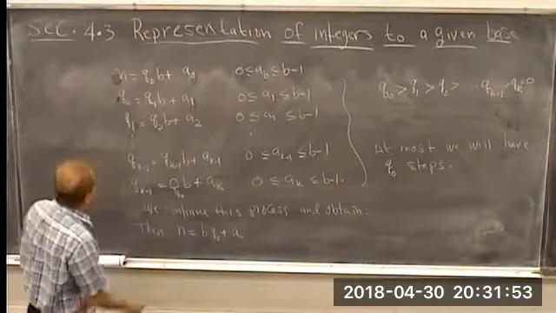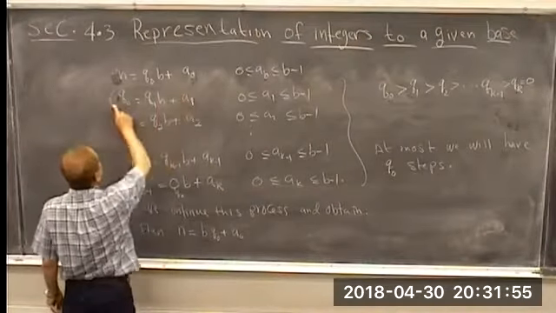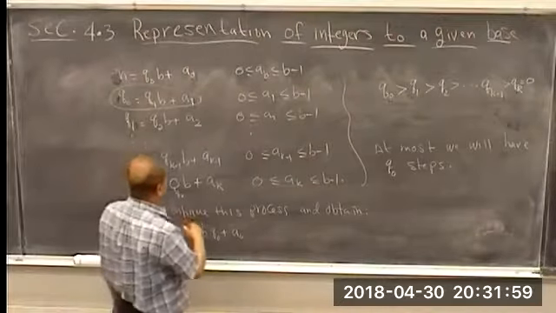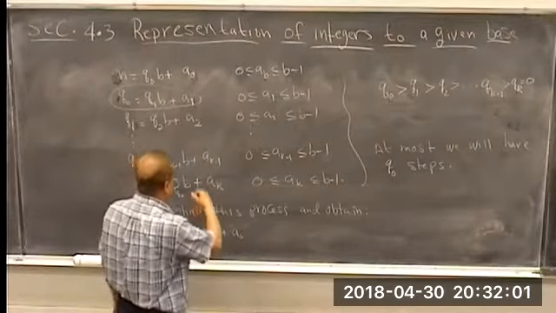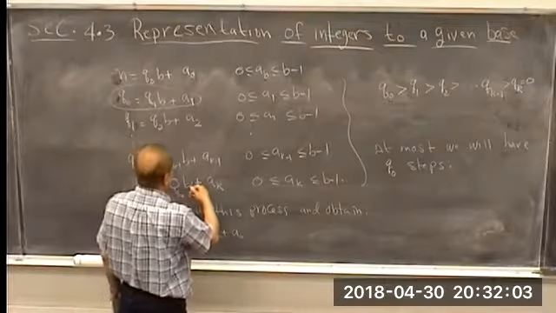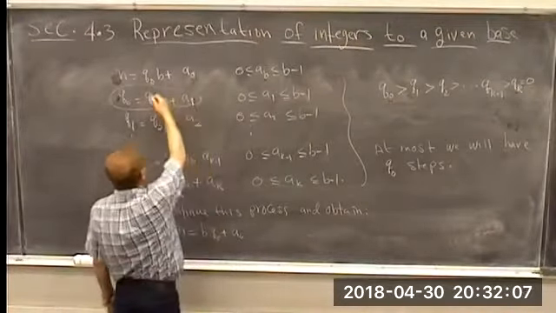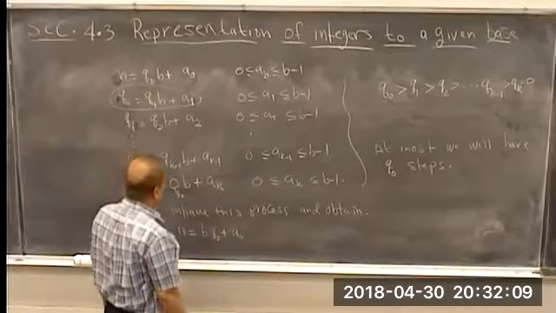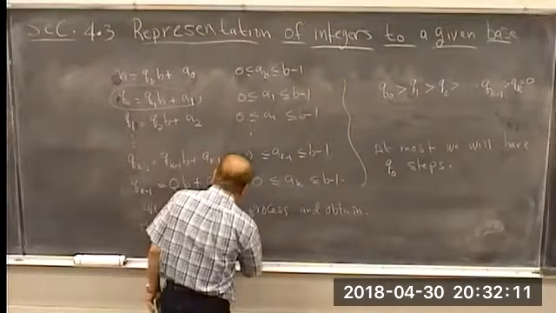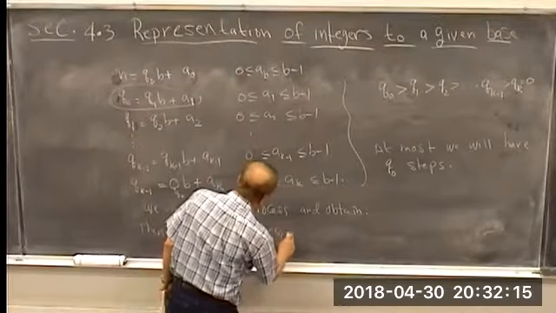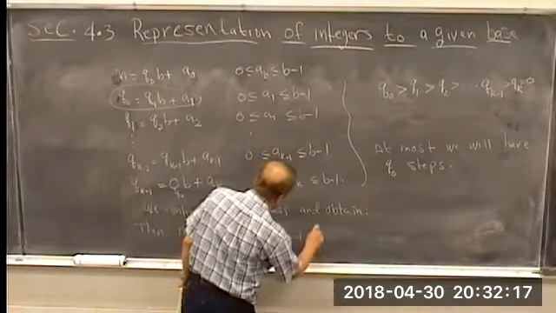Then we're going to substitute for q sub 0 by what it is equal to. It's unlike the division algorithm, the Euclidean algorithm, where we started from the bottom up. Here we start from the top down. So we're going to substitute for q sub 0 by q1 b plus a1.